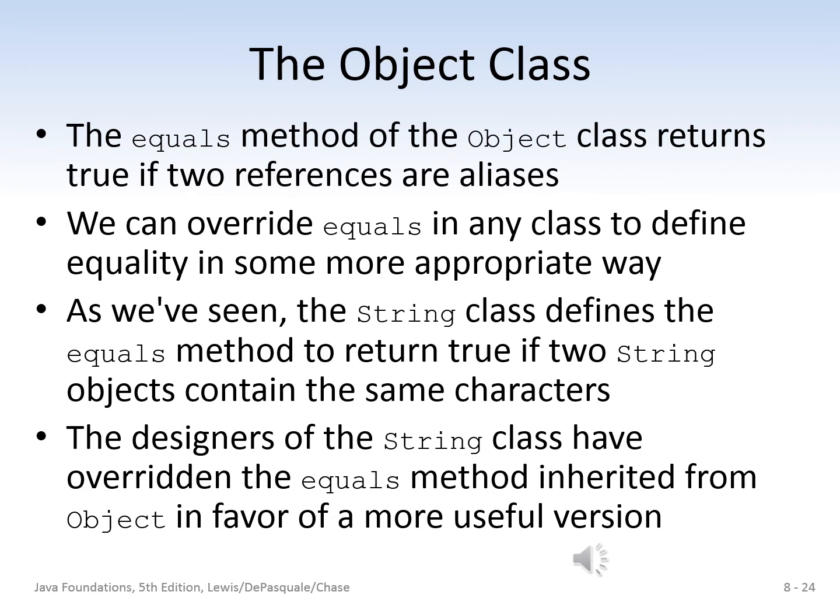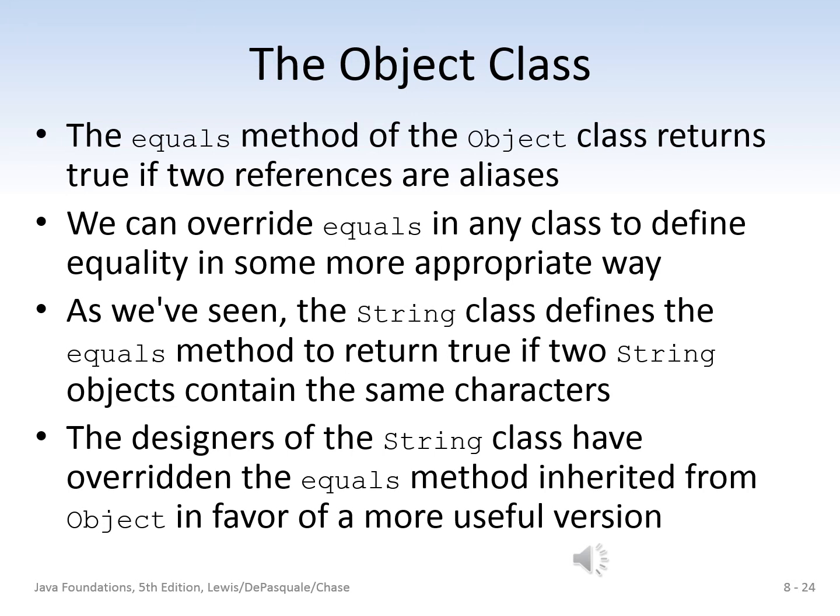The Object class has a method named equals, and it returns true if two references are aliases. We can override equals in any class definition so as to define equality in some more appropriate way for the context of that class.